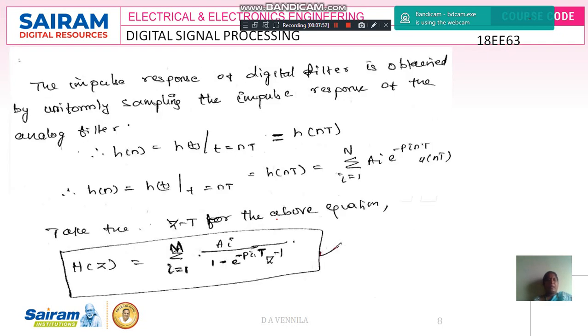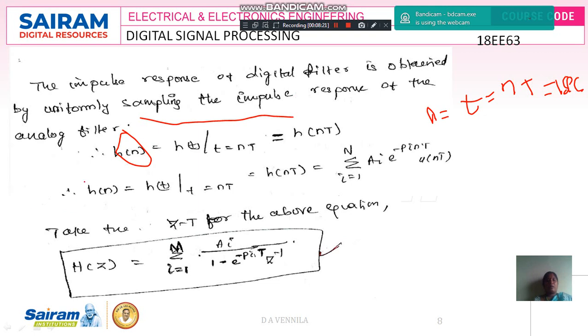Now, the impulse response of the digital filter is obtained by uniformly sampling the impulse response. This is h of n. To get the discrete impulse response, the t will be replaced by nT, where capital T is your sampling period, which will be given as 1 second.